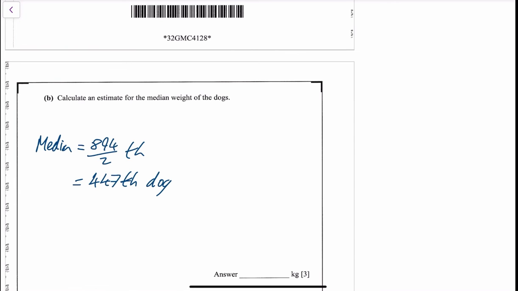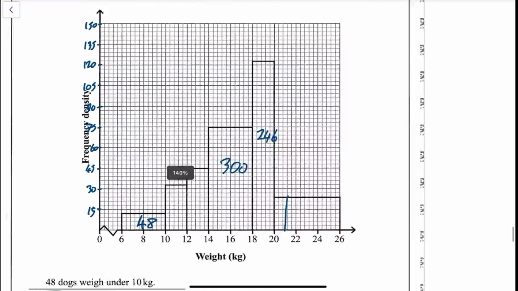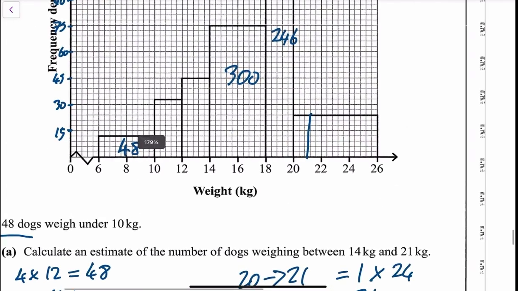All right. So if you go through, we already knew this one was 48. If you work out this area here, it is 2 by 33, so it's going to be 66. If you work out this next area, it was 2 by 45, it's going to be 90.